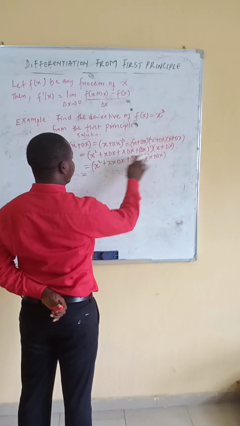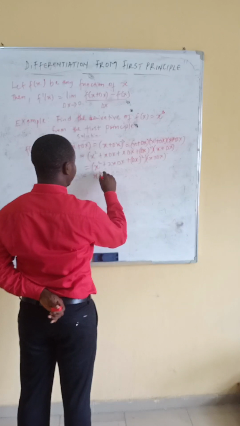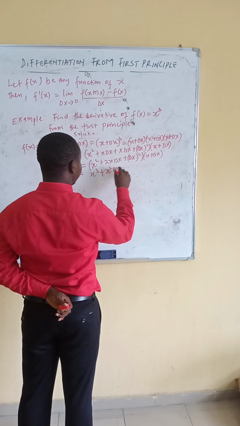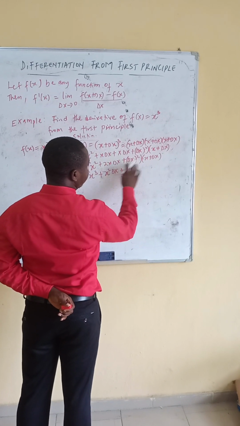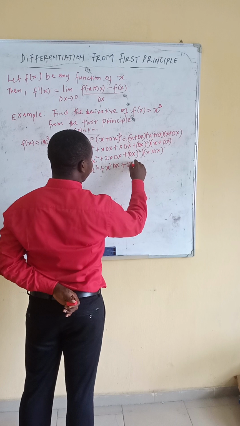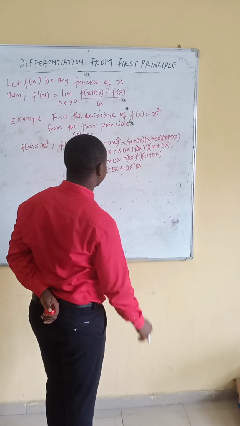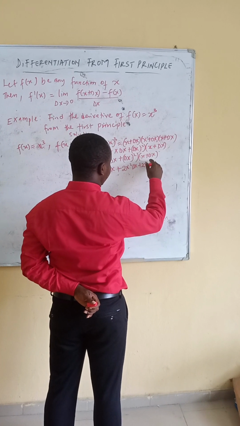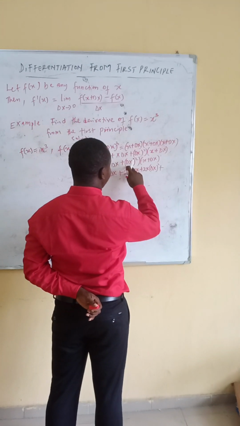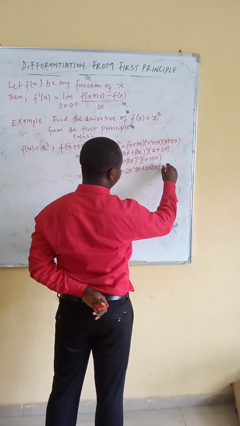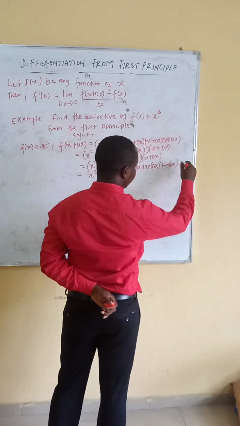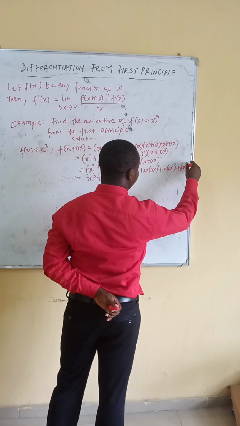Now x squared times x is x cubed. x squared times change in x is x squared change in x. 2x change in x times x will be 2x squared change in x, plus 2x change in x all squared, plus x squared times x, and change in x all squared times x, plus change in x all to the power of 3.